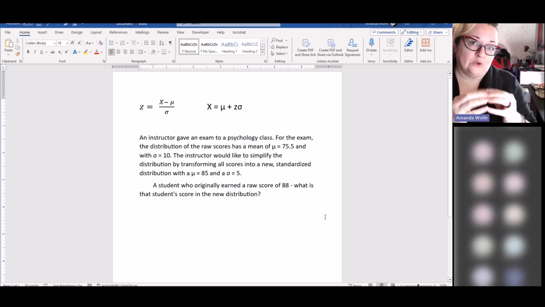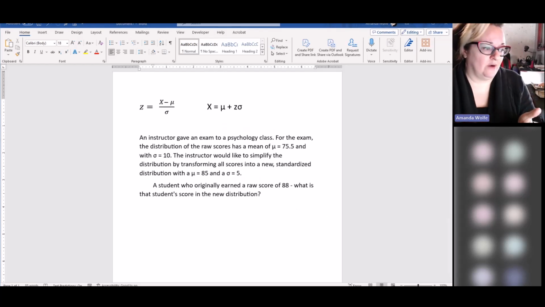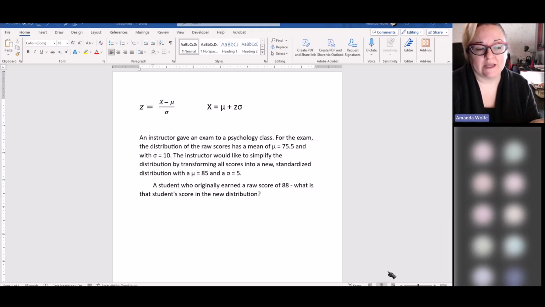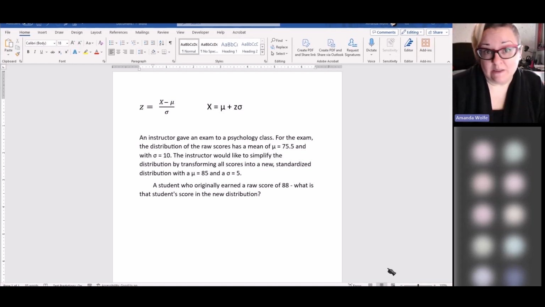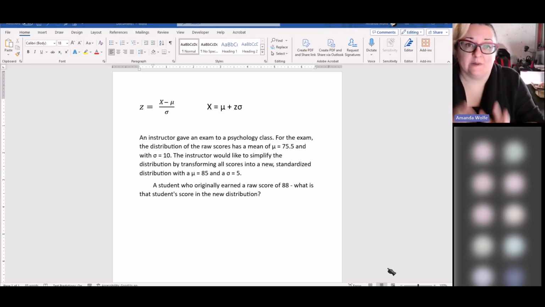So let's slow this down. You have all probably been in a class where a professor had to curve an exam. You can do curves two ways. You can do the easy way, which is you take however many points the highest grade is from the top possible grade. So if the highest grade was a 90, instead of 100, you add 10 points to everybody and that shifts everybody forward.